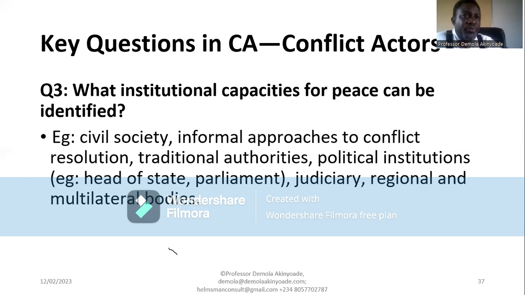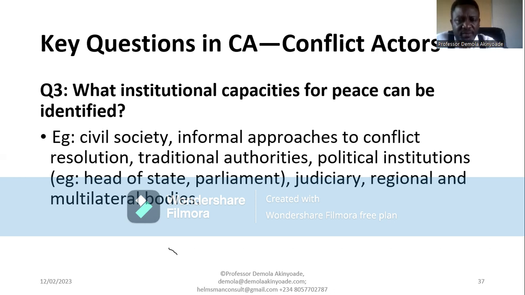No matter how conflictual a situation is, if you look carefully at the context, you will still be able to identify what we refer to as local capacities for peace. These are institutions or individuals who still stand for peace, who can still be used in our conflict management efforts.